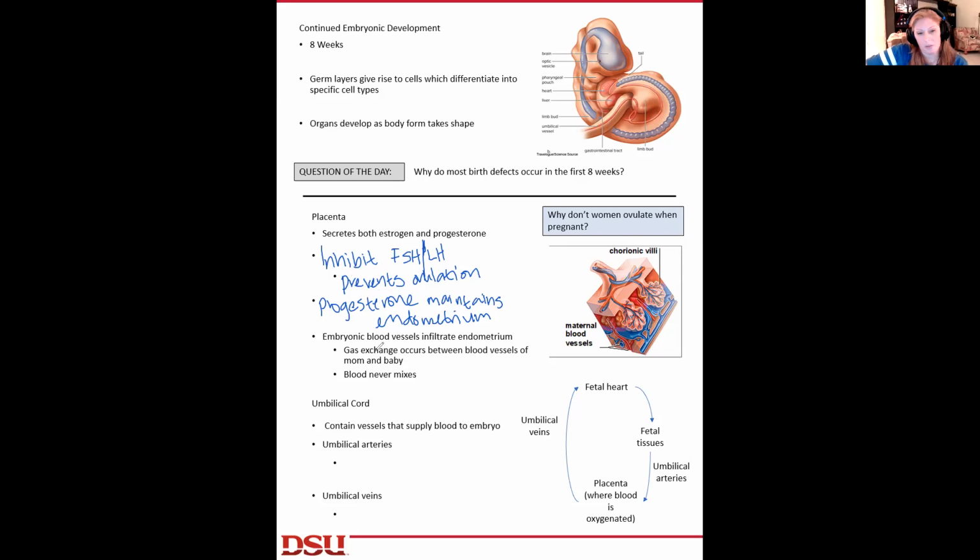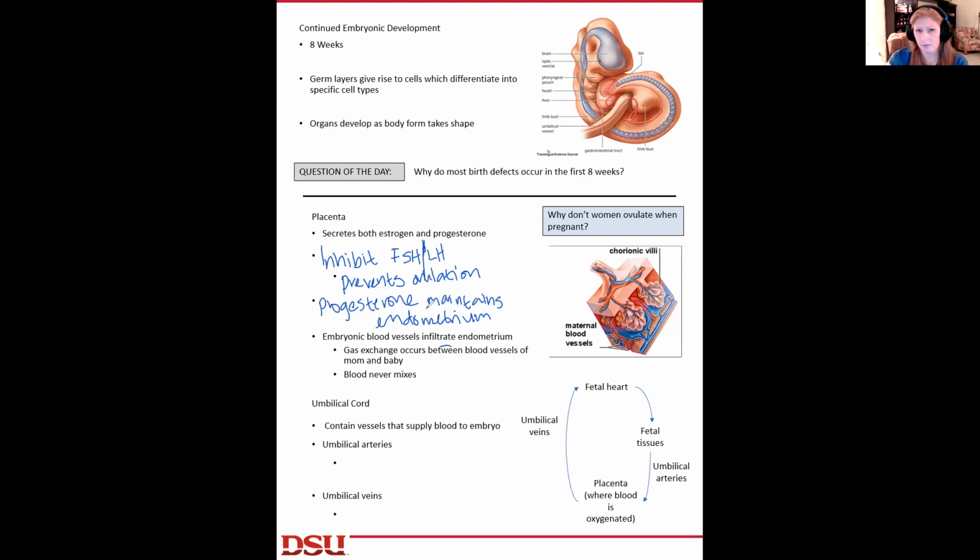All right, so we've already talked about the fact that embryonic blood vessels will infiltrate the endometrium, and this is where gas exchange is going to occur between mom and baby. The blood between the mom and the baby does not mix. So it's like an exchange through tissues, an exchange of waste, of gases, of nutrients.